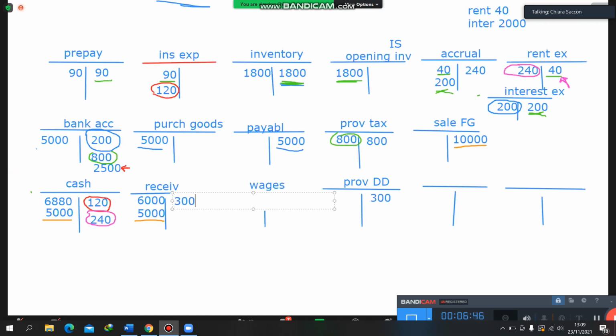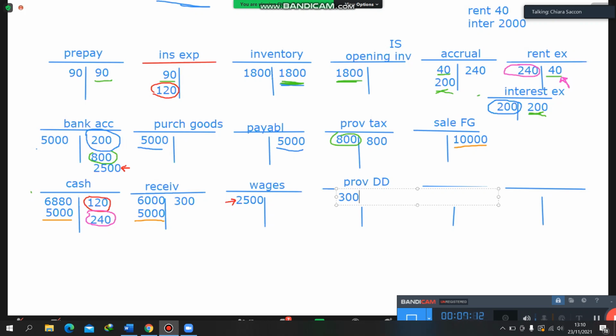I will no more obtain this money. And at the same time, I use provisions for doubtful debt because I can't write a loss going into the income statement, because they were expenses of the previous year related to the revenues of that year. This is why we attributed this expense to the past period.